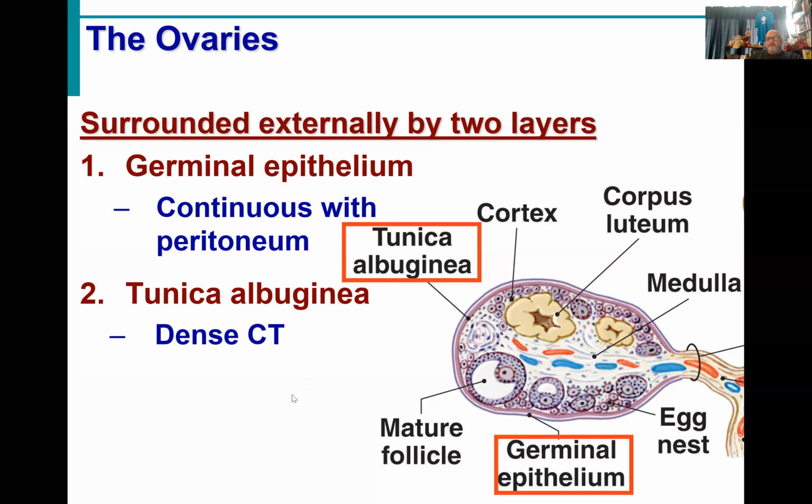Now, unlike the testis, and we'll pretend this is a testis, remember that there are folds of the tunica albuginea that penetrate deep into the testis, separating it into individual lobules. We do not have lobules here in the ovary, but we do have some general areas.